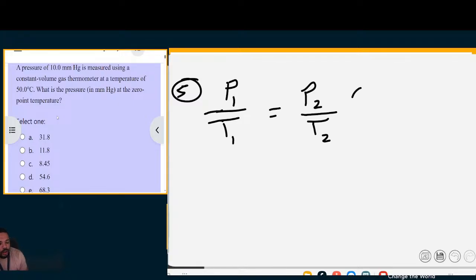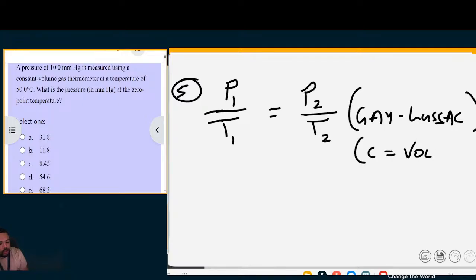This is Gay-Lussac's law. It's his law, because the volume is constant.